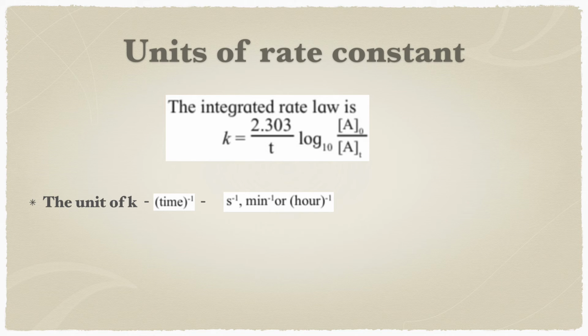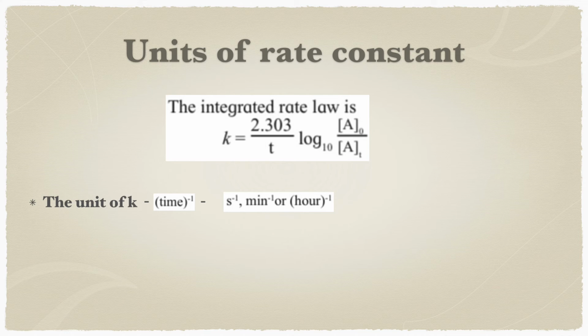K is equal to 2.303 upon t log to the base 10 molar concentration of A naught upon molar concentration of At. So we are seeing the unit for the first order reaction. Over here, please understand that when you say log initial concentration upon final concentration, if I substitute the unit of both, mole per dm cube upon mole per dm cube, that will get cancelled.